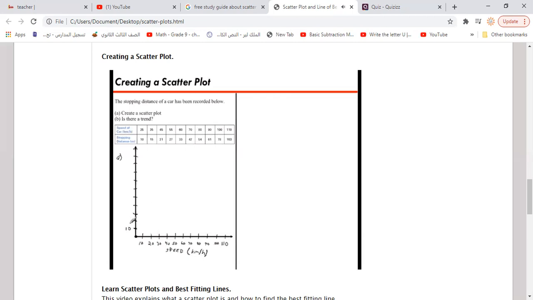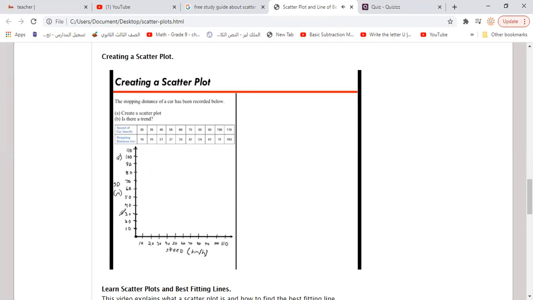The first one's 10, then 20, then 30, and then we'll complete the rest, from 10 to 110. Now we need a title for the y-axis, and it's the stopping distance in meters. Since I'm running out of room, I'll just put SD for stopping distance, and my units, of course, are meters.